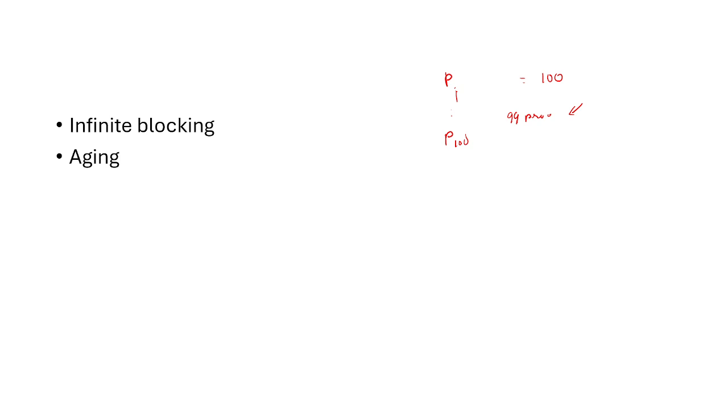So what is the solution for infinite blocking? We go for aging. For example, consider there are four processes. Every millisecond, or every time a process has been allocated, the priority of each waiting process is adjusted by 1, or some number you need to define.